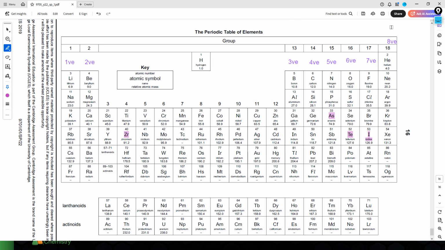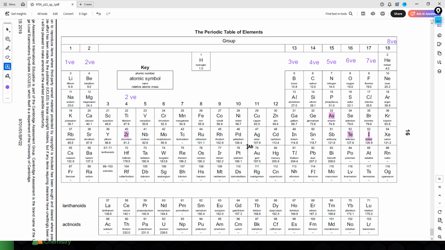If we look at the valence electrons here, iodine has 7 valence electrons, Te has 6, As has 5, and Cr is a transition metal. Since Cr is a transition metal, technically it only has 2 valence electrons, because the d sublevel, which we'll talk about later, electrons in transition metals don't count.